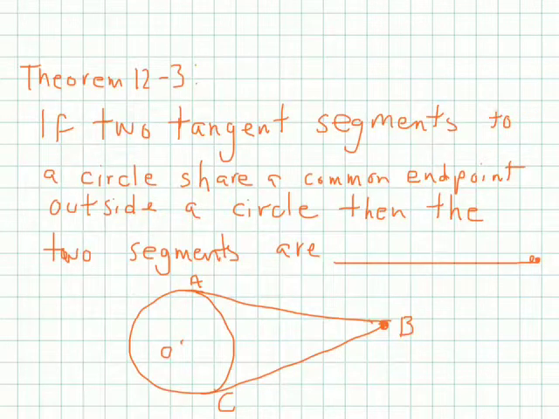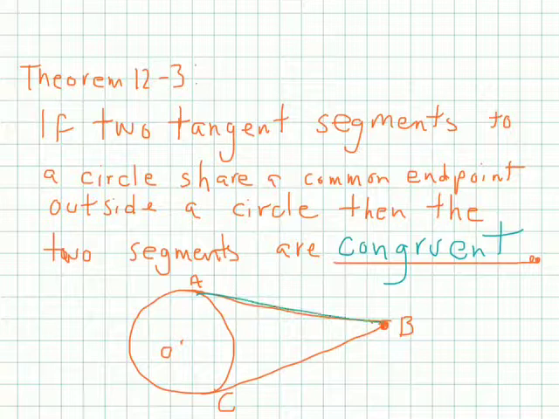Theorem 12.3. If two tangent segments to a circle share a common endpoint outside the circle, then the two segments are, and I'll write this in, congruent. So if AB and CB share a common endpoint, then these two are congruent lengths.